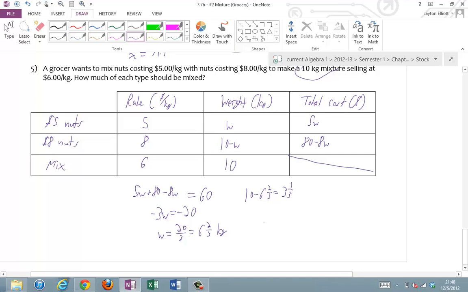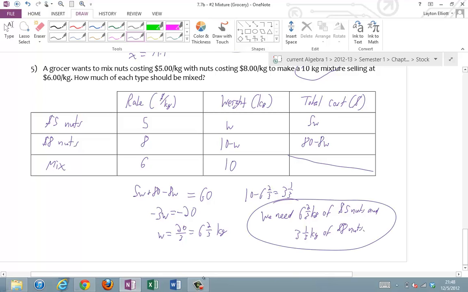So those are my two weights. So what we say is we need 6 2/3 kilograms of $5 nuts and 3 1/3 kilograms of $8 nuts. Done.